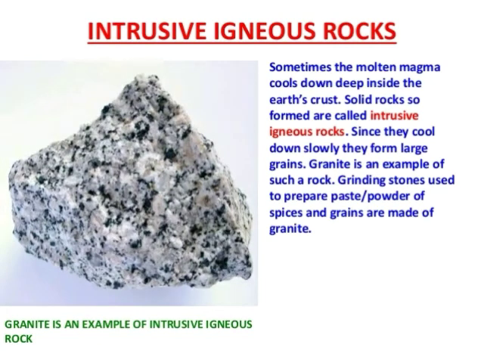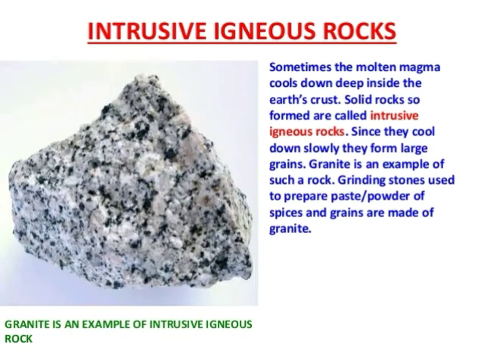Second is intrusive igneous rocks. When this molten lava or magma cools down inside the earth crust only, okay, it does not come out on the earth surface. Inside earth's crust only it cools down. Then the rock formed by this process is known as intrusive igneous rocks.